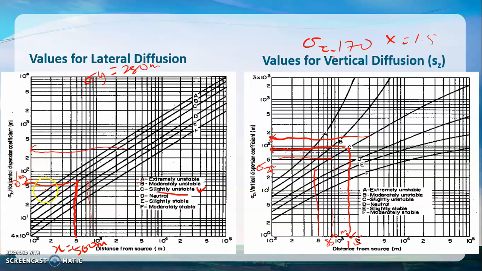In your textbook, this is 3, 4, 5, so sigma Y is almost 180. By right, the distance is 1.5 kilometers, so it's supposed to be here, it should be lower. But this book took it at this sigma Y. As long as you know how to find sigma Y and sigma Z, it's okay.